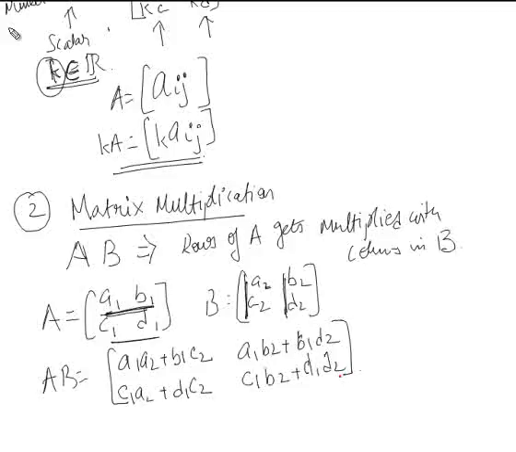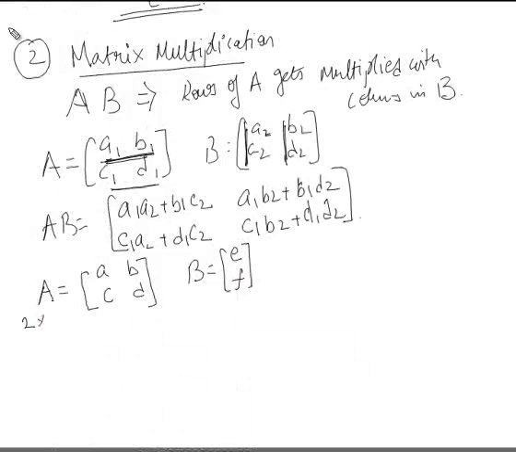Now let us explore this further. Say for example A is equal to a, b, c, d. B is equal to e, f. What is A here? A is a 2 cross 2 matrix. B is a, how many rows are there? 2 rows, 1 column is there. How will AB look like?